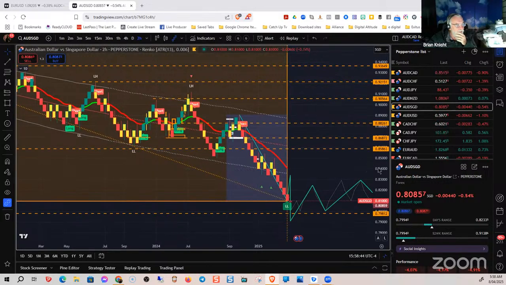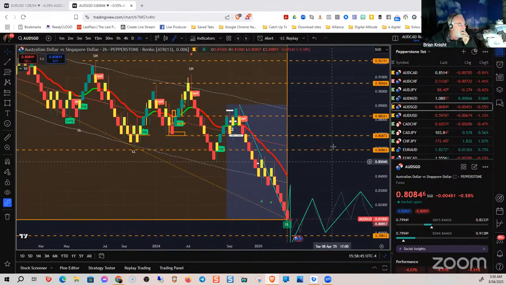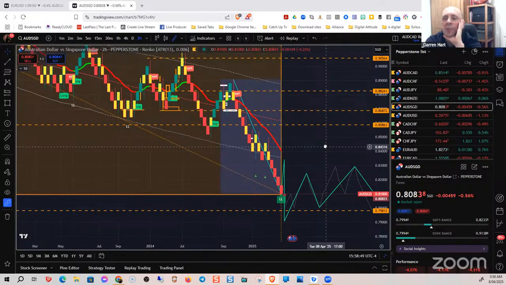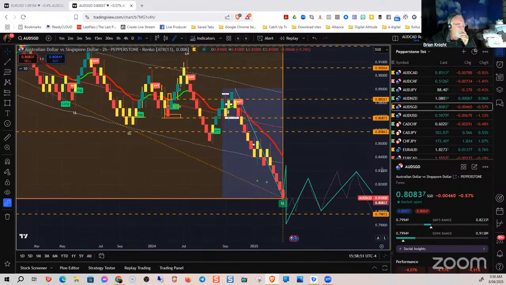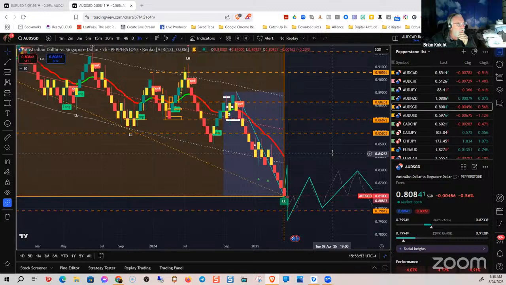Yeah, the Aussie dollar has just tanked, absolutely tanked. I think most of the reports say it's because we supply all of our raw materials to China.